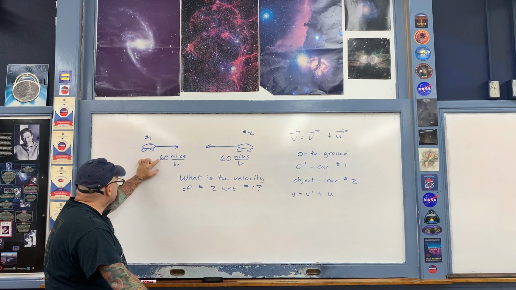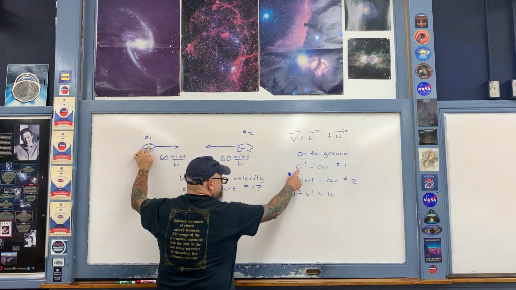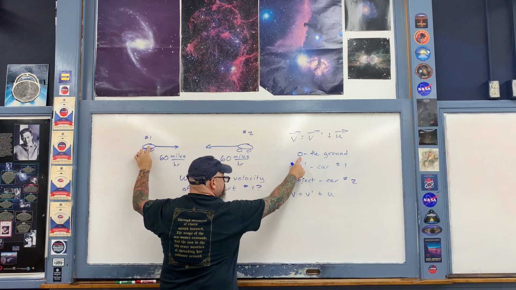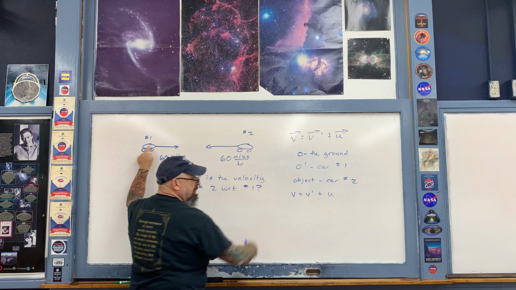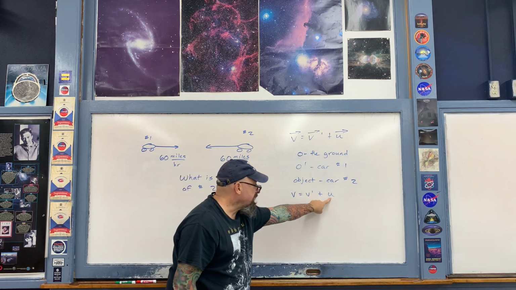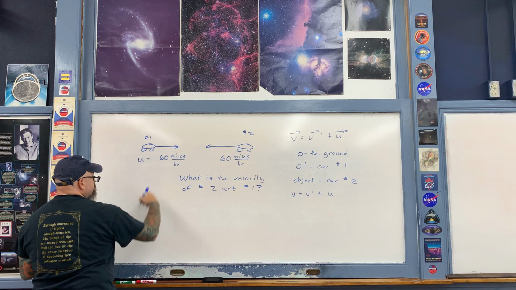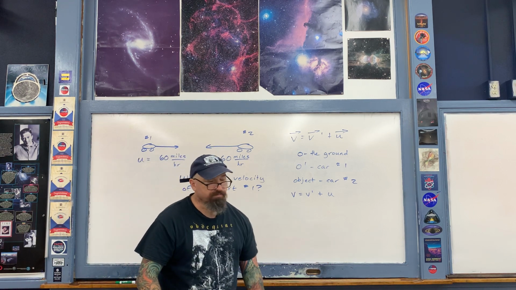This 60 miles per hour is describing the velocity of car number 1, the moving reference frame, with respect to the ground, the stationary reference frame. So this is describing the velocity of O prime with respect to O. By definition, that's the velocity vector u. The velocity vector u is a positive number because it points to the right-hand side on my diagram.